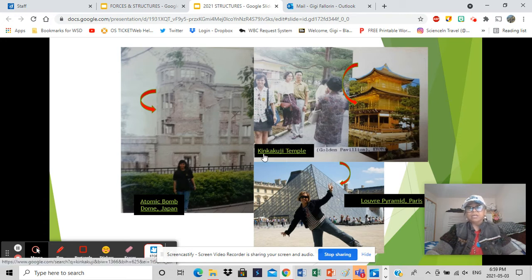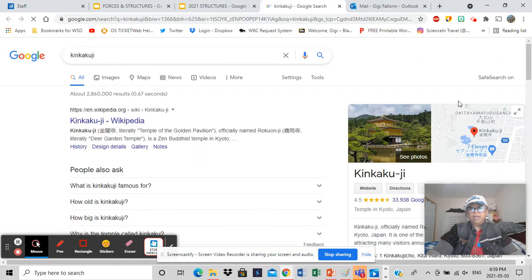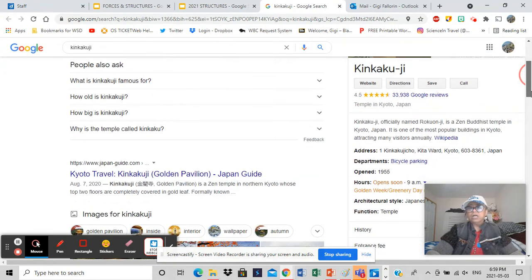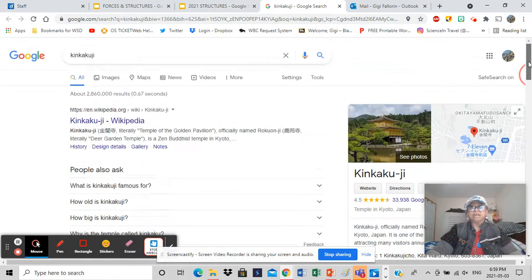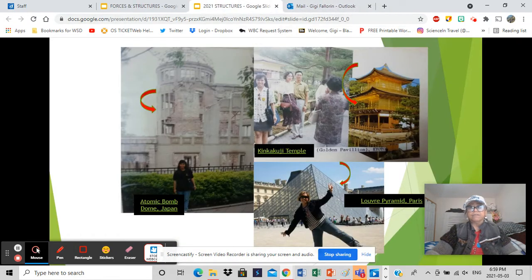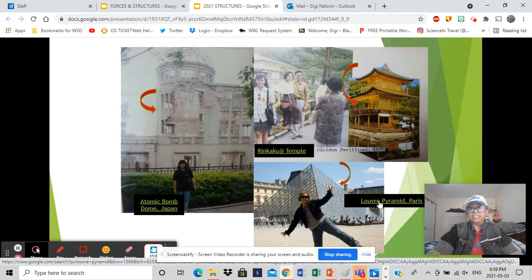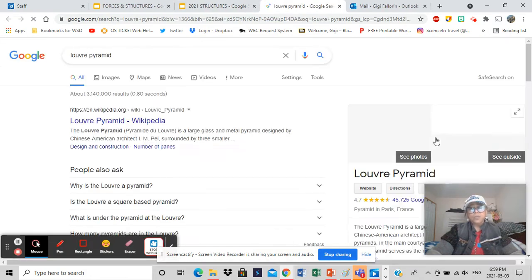In Japan, we also have the Kinkakuji Temple, or what they call the Golden Pavilion. You could see that the roof and all the walls are made of gold sheets, right? A wonderful sight to see, and if you're there, so much the better. Another example of a frame structure, if you ever get to Paris, is the Louvre Pyramid.